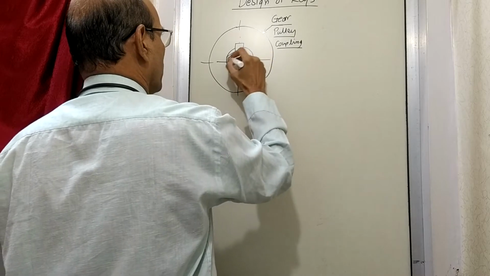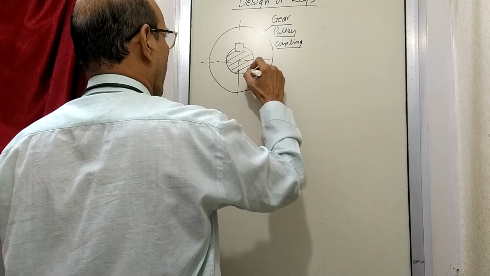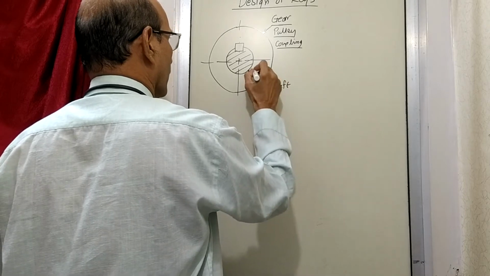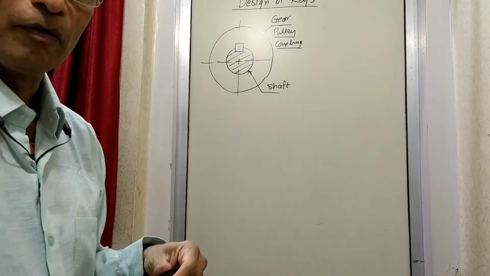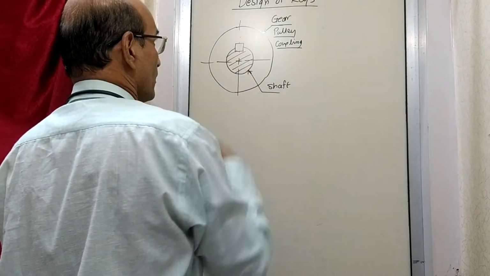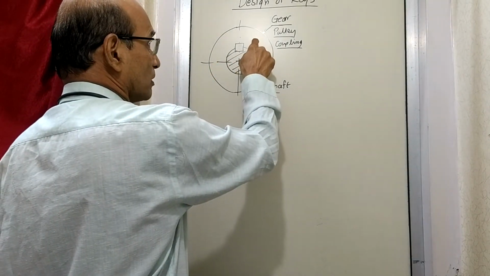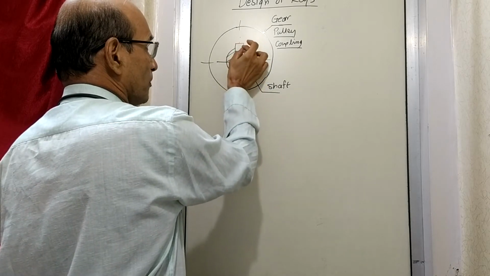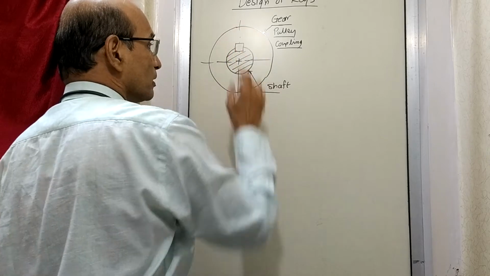And this is a shaft. We all know how it is fitted. In the shaft there is a keyway made, in the disc also there is a keyway made, and between these two keyways a part is fitted which is a key.